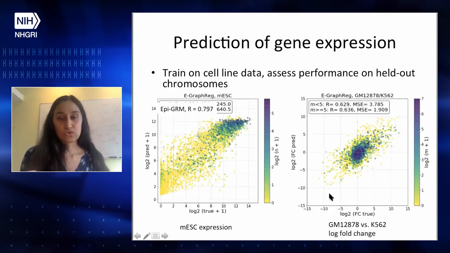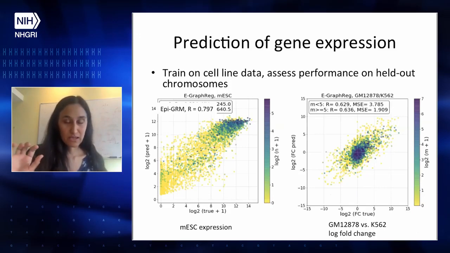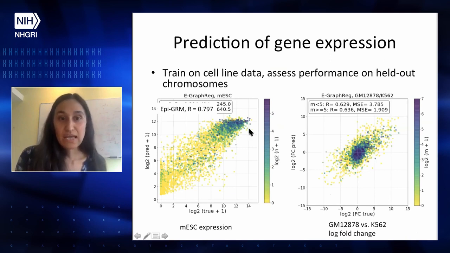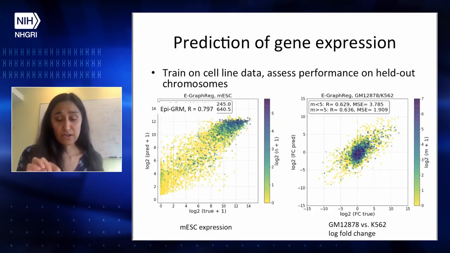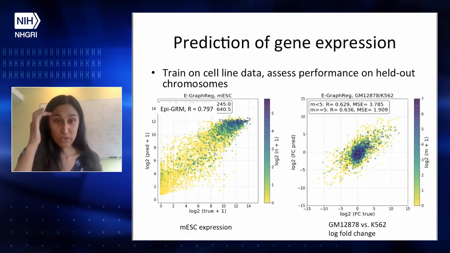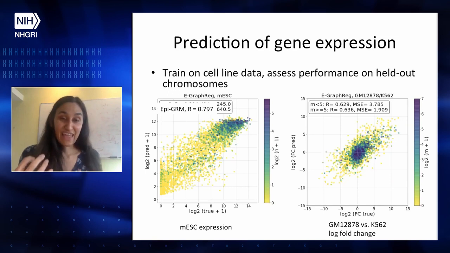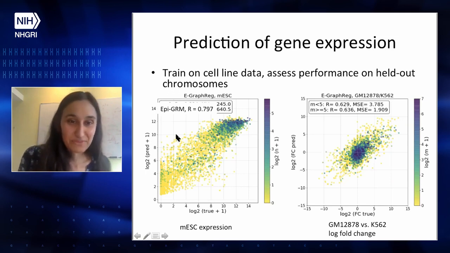Also, if you train the model in different cell types, and then again on held-out chromosomes, try to use these models to predict fold change, the fold change looks good. Here, the darker color means that you are looking at promoters with more high-C edges, so they have more complicated regulation.